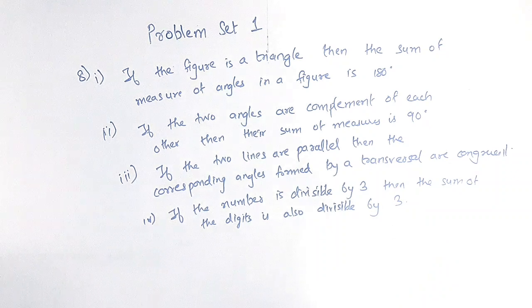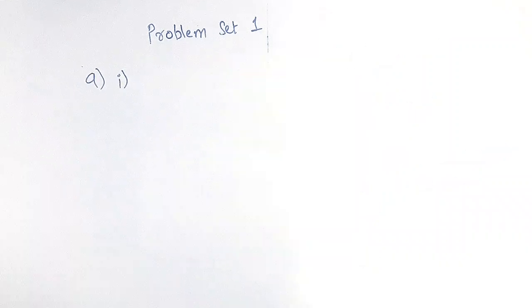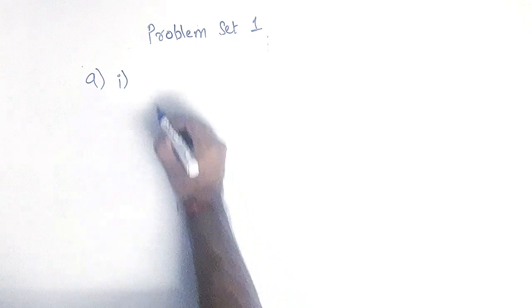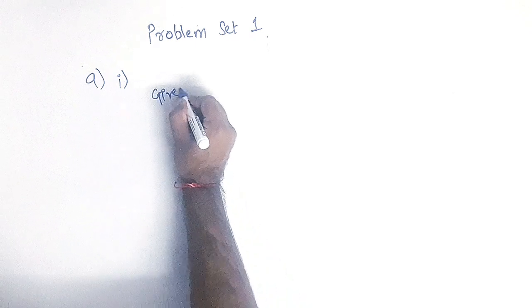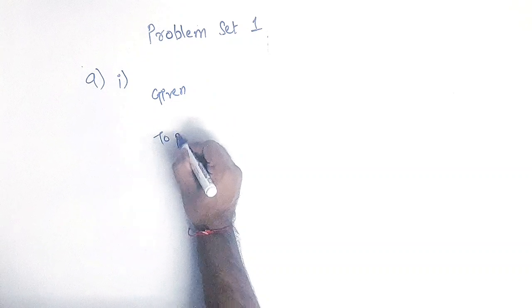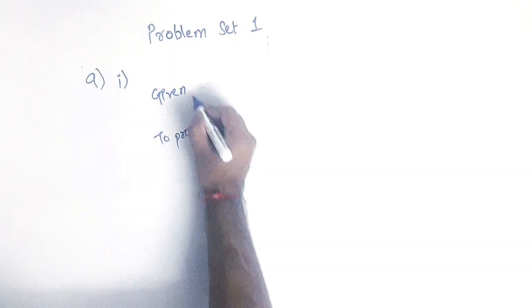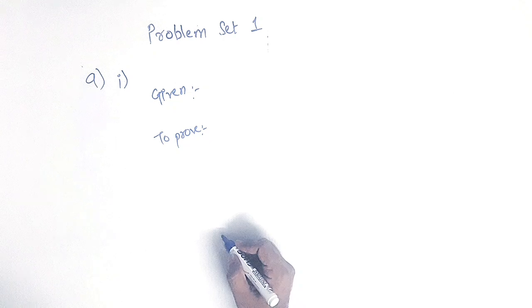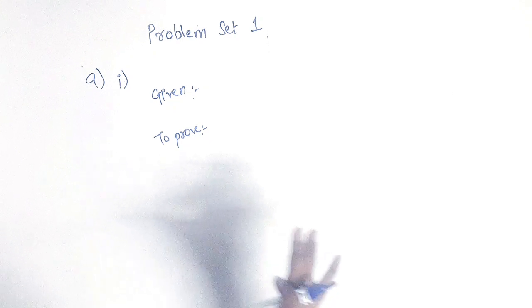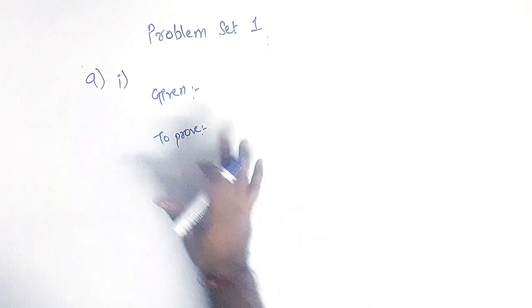Let us move on to question number 9. The ninth one says to write the antecedent, the given part, and the consequent, the part to be proved, in the following statements. So I'll write here given and here to prove. Now here, if all the sides of a triangle are congruent, whatever is followed by if is your given part.